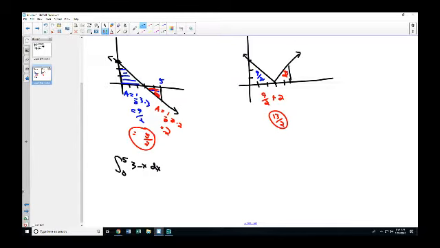Somebody lead me through that. Kellen Jensen: 3x minus x squared, and then you got evaluated from 0 to 5.